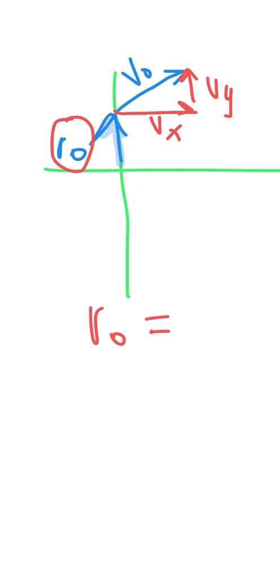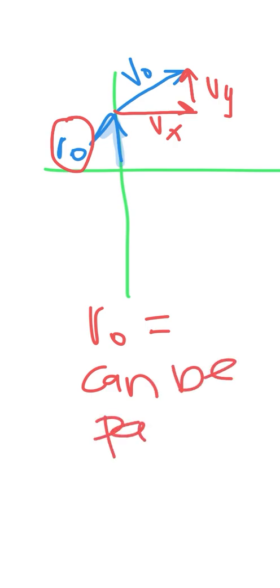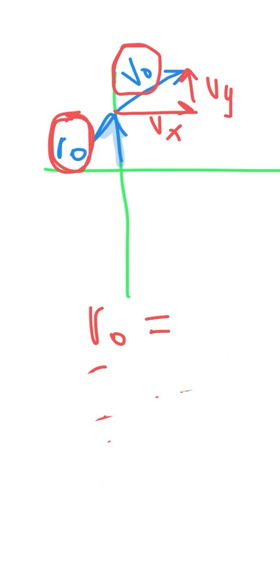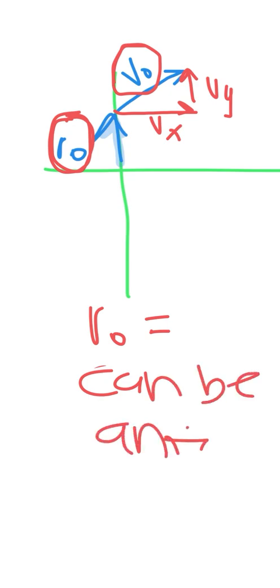Now, it's important to note that R0, or R initial, the initial position of the object, can be parallel to V0. So this point can be parallel with this amount, or it can be anti-parallel.